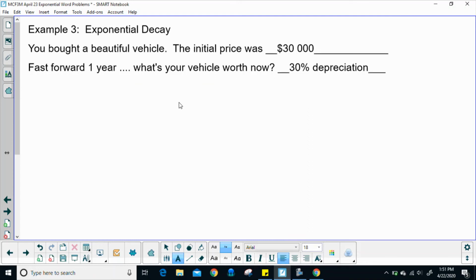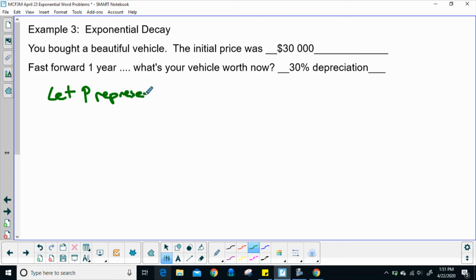So let's figure out how much that's going to be worth. All right, we've got to create our equation, so we're going to need some variables. Let P represent price.